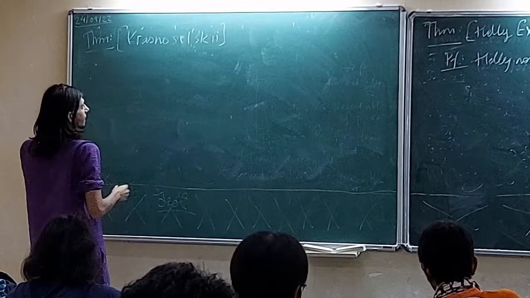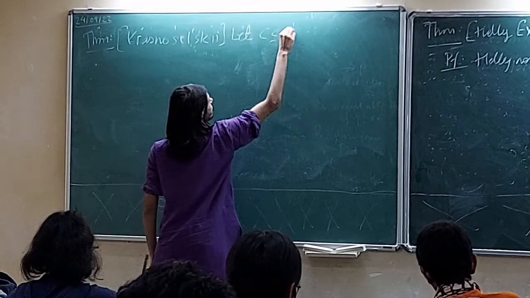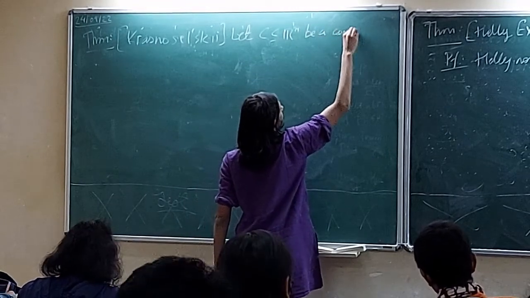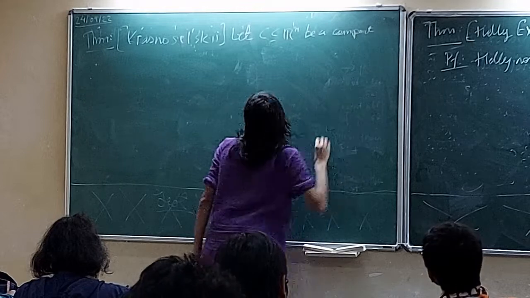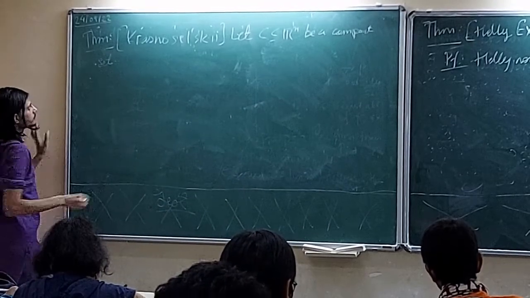Okay, this is it. Let C, a subset of Rn, be a compact set. That's all we need.